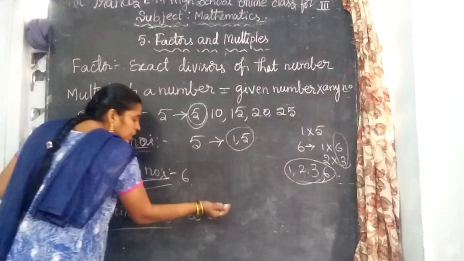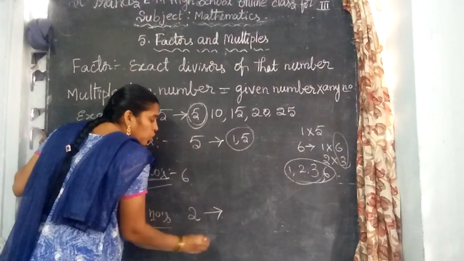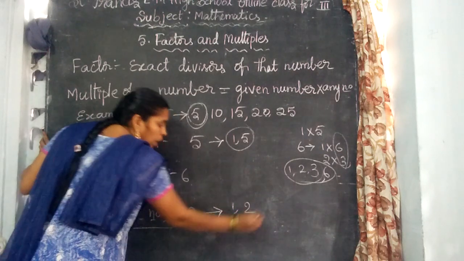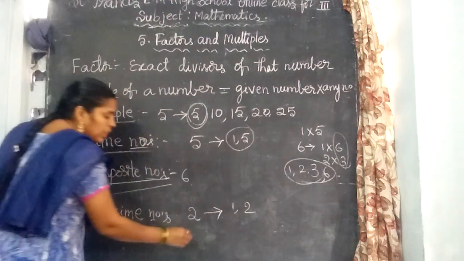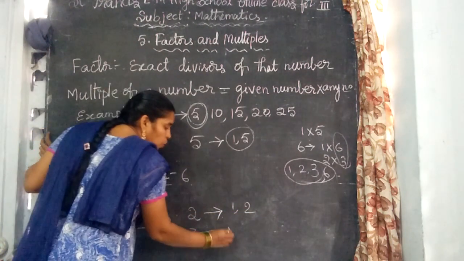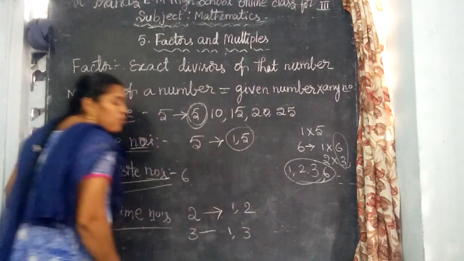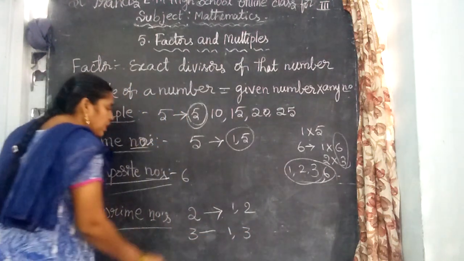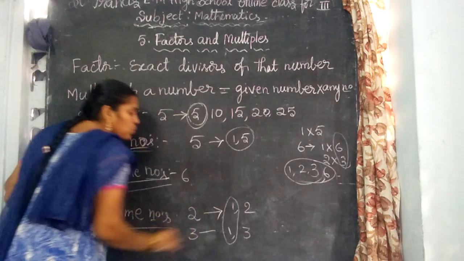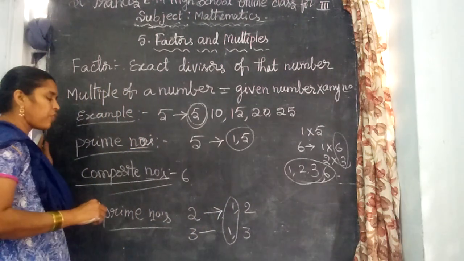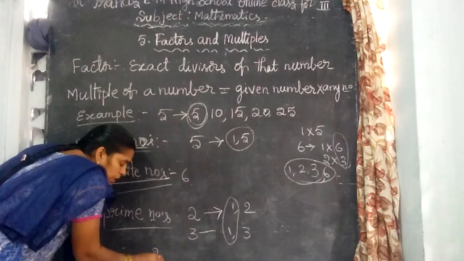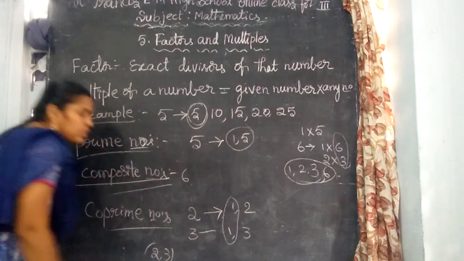What are the common factors? What are the factors of 2? 1 and 2 are the factors of 2. Then you take 3. 1 and 3 are the factors of 3. What is the common factor in these two numbers? 1 is the common factor. So 2 and 3 are co-prime numbers.